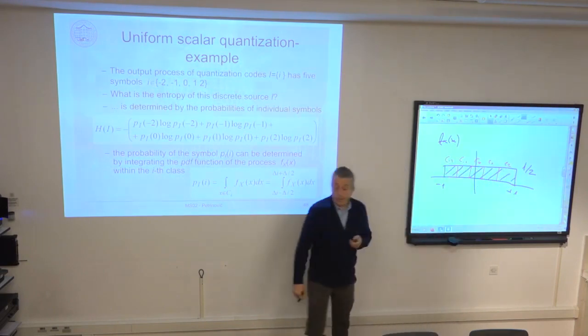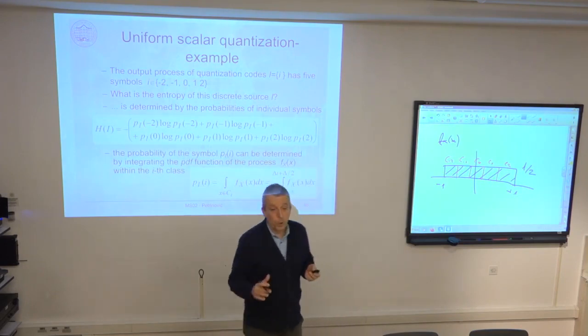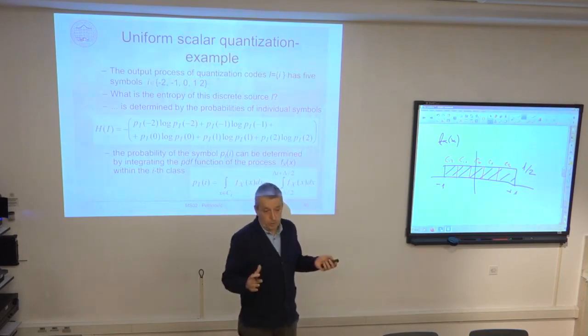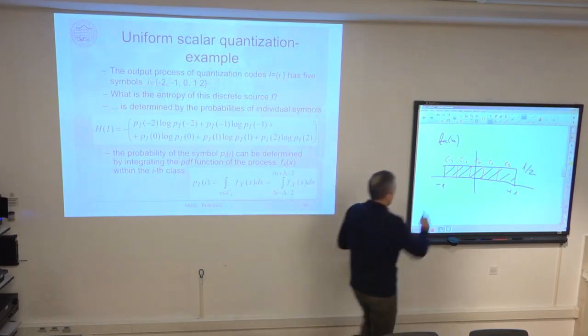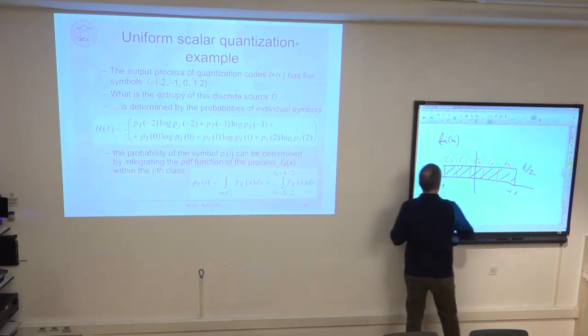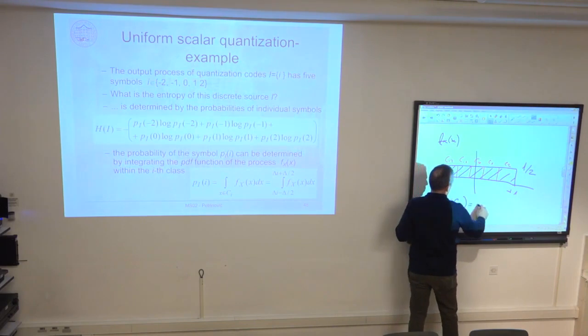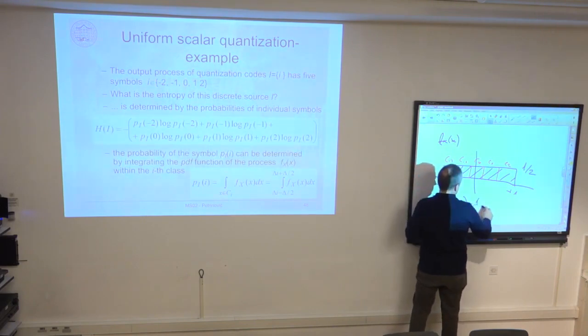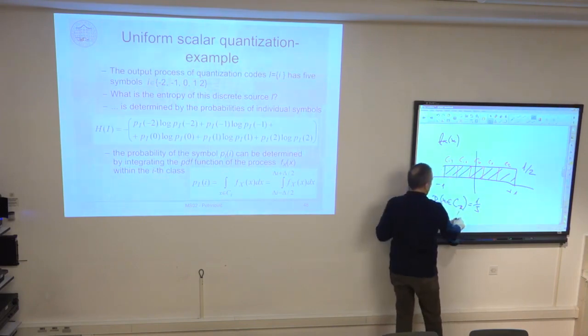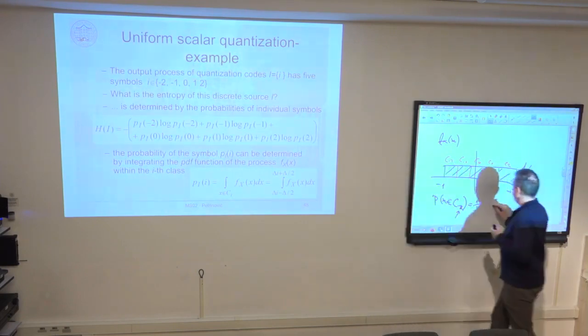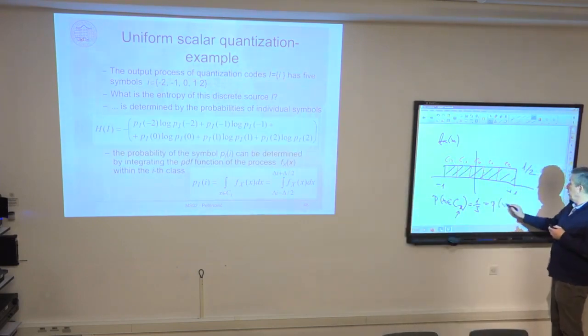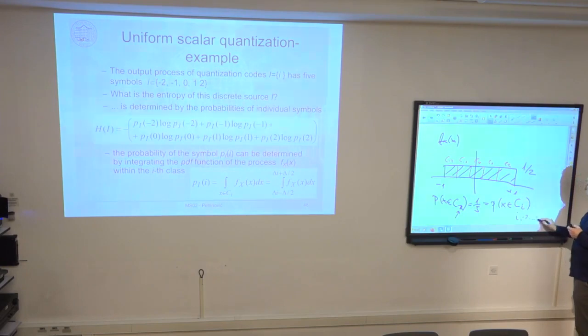Since the PDF of the signal is uniform, the probability of each of those classes is equal. So the probability that x is an element of class -2 is equal to 1/5, and the same for any other class, class i from -2 to +2.